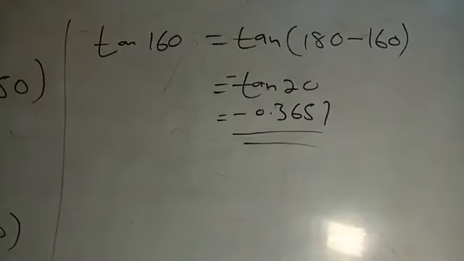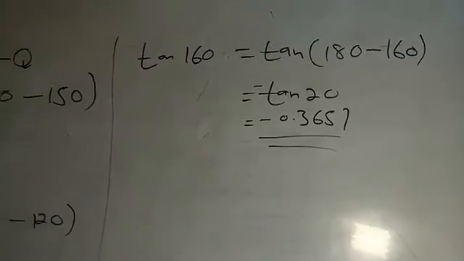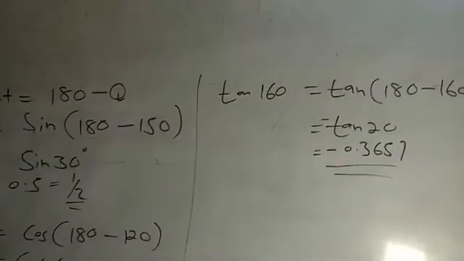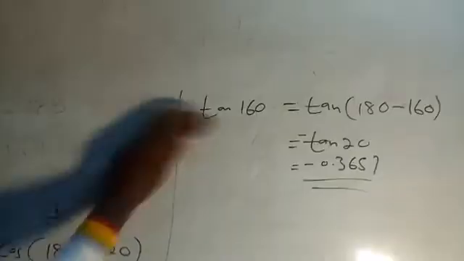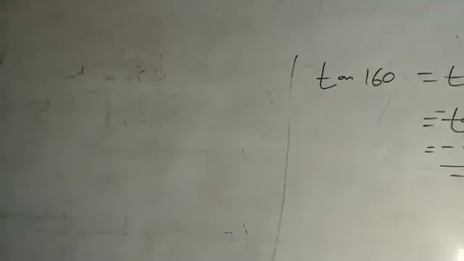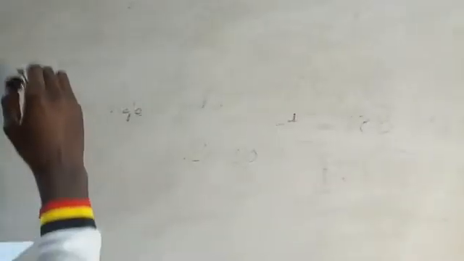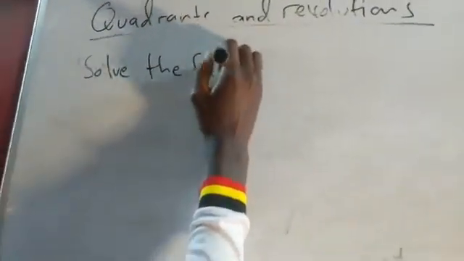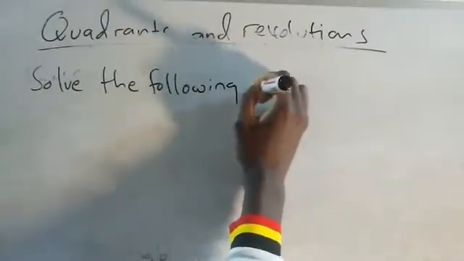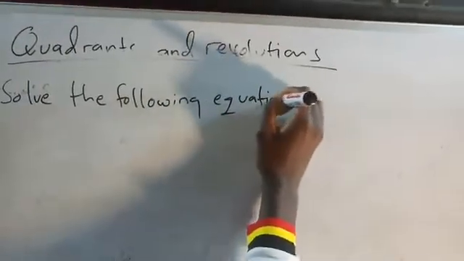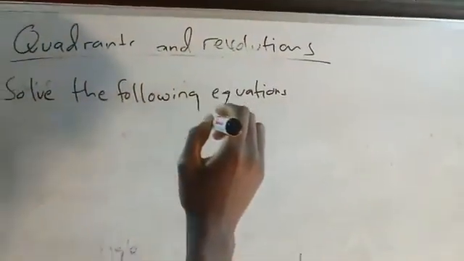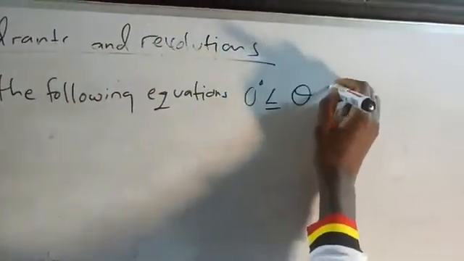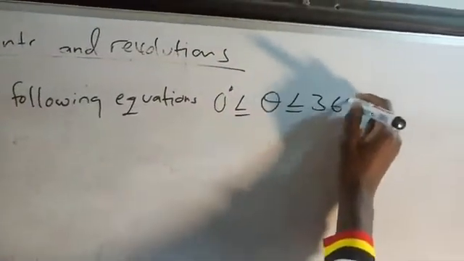So let's look at another confusing example, which says solve the following equation, in the range 0 degrees is less than or equal to theta, and theta is less than or equal to 360 degrees.